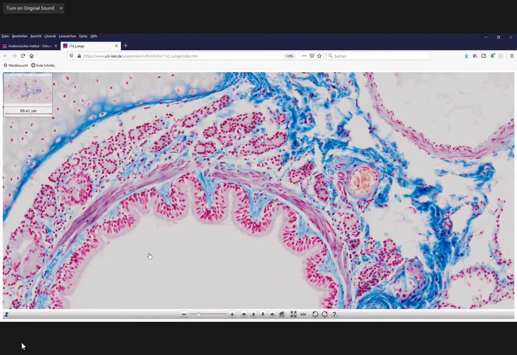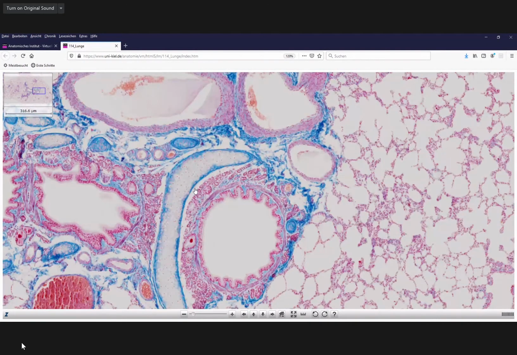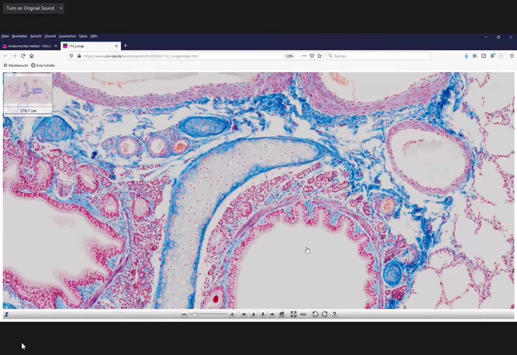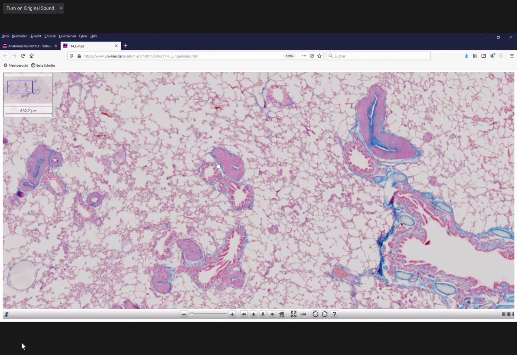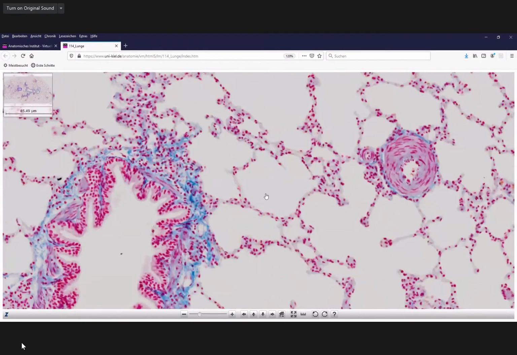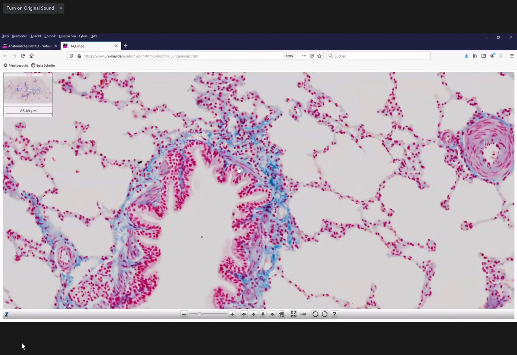And when we now go back, look at this. And when we now go back, here it is again, but it's not a continuous layer anymore.